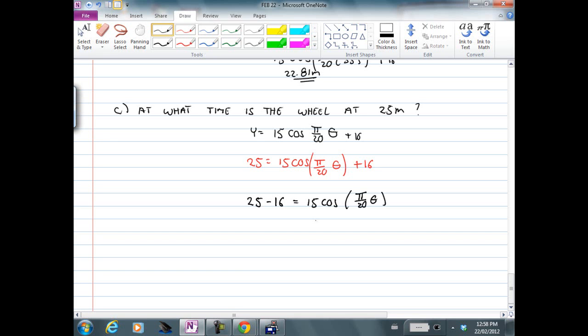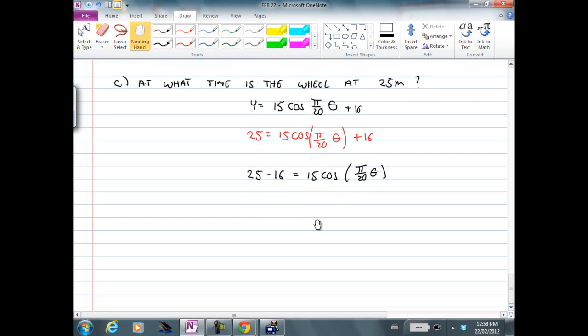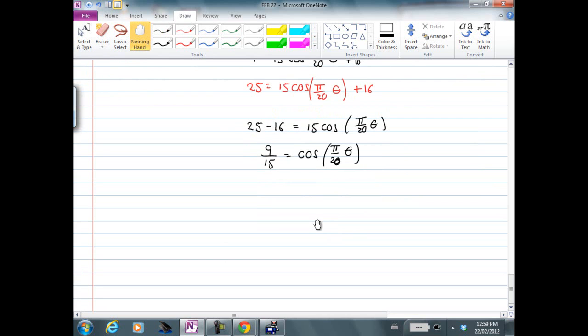Okay, so it'll be 9 over 15, cos pi over 20 theta. Now, some of you got this far, but you're stuck. I'm going to show you how to solve this. Take your calculator, and let's clear all this up. 9 divided by 15 is 0.6.